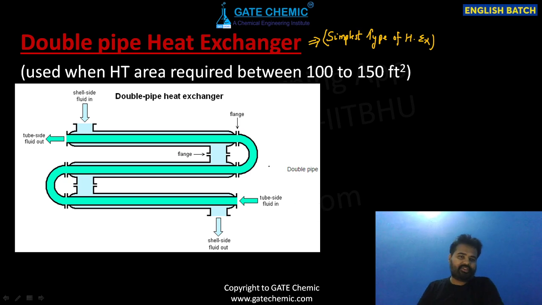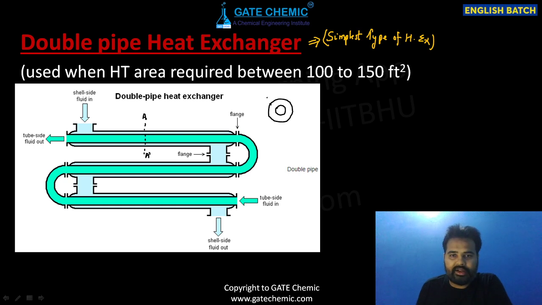See beta, in this diagram clearly you can see two pipes are present. In the cross section, this is your first pipe, this is your second pipe. I am just showing you one cross section, like A dash.